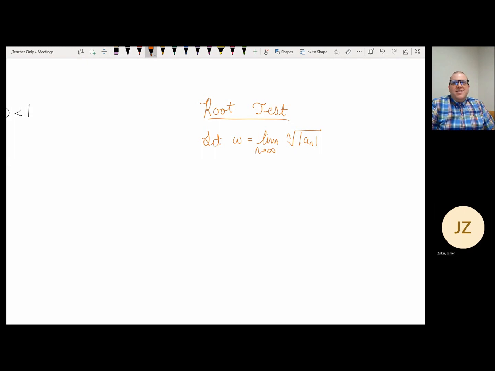We're looking at the limit as n approaches infinity of the nth root of the absolute value of a sub n. Now the test is identical.